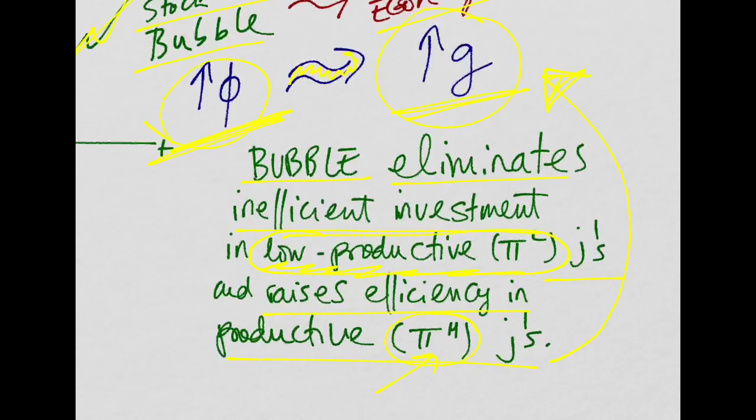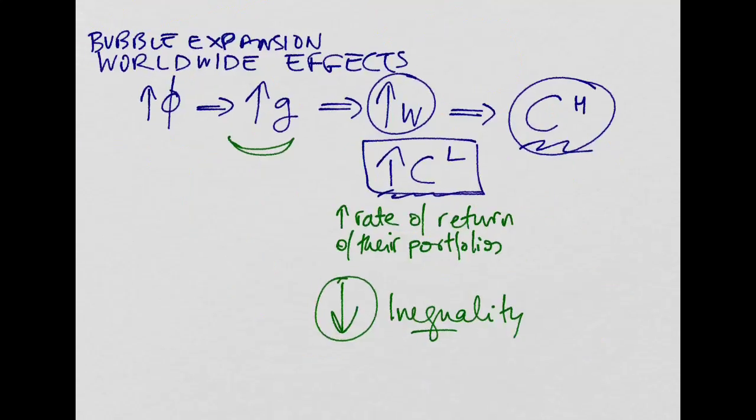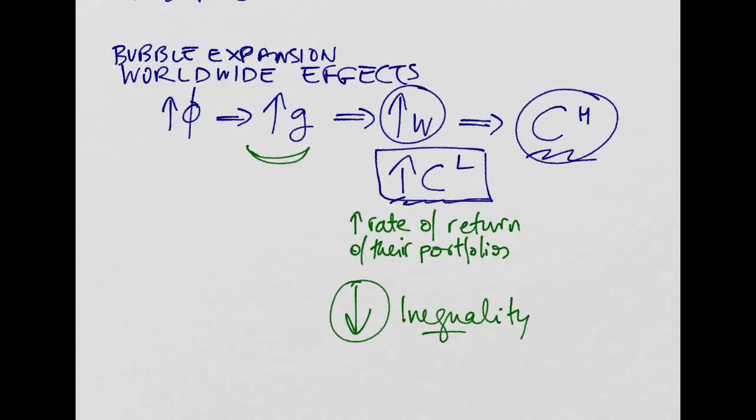Because investment in capital takes place only in countries that are productive enough, and the rest just buys bubbles and gets a high return. And this is kind of neat because the more countries in the world that buy bubbles, this is going to feed into higher economic growth for the world.